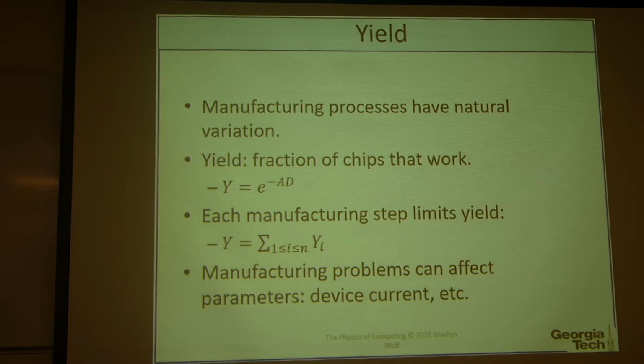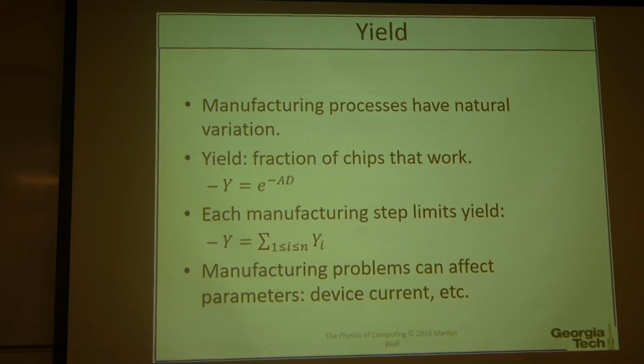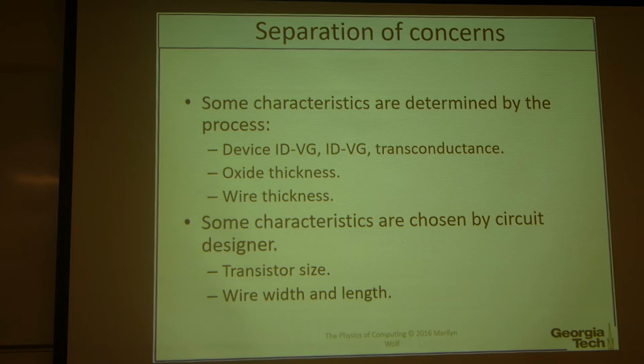These manufacturing problems arise because of the natural variations that are difficult to control. These manufacturing problems can affect parameters like device current, which will result in slower speed and so on. For the device industry, we have two divisions.